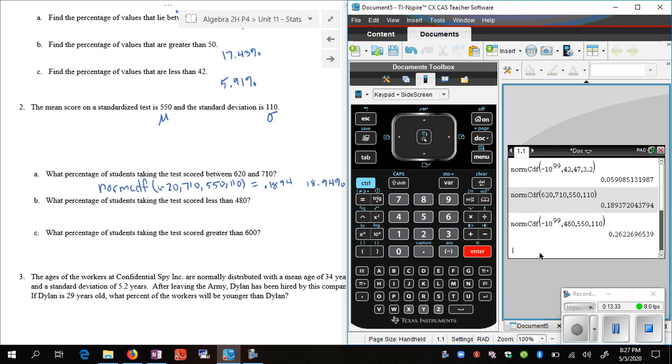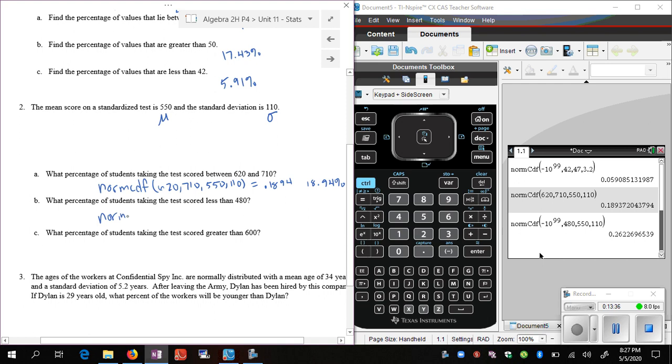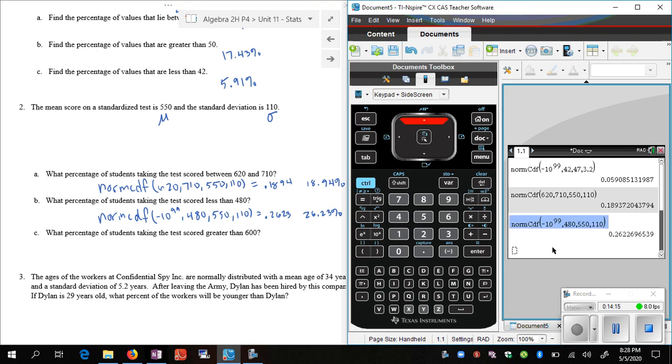We write normcdf, lower bound negative 10 to the 99, upper bound 480, 550, 110, and we get 0.262 or 26.23%.